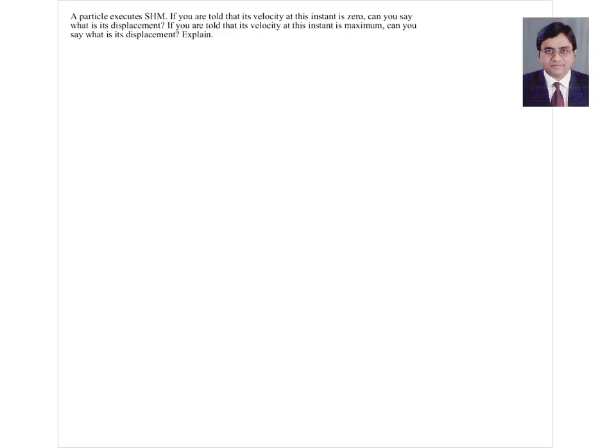It doesn't need to be long explanation. A particle executes SHM. If you are told that its velocity at this instant is 0, can you say what is its displacement? That's number one.